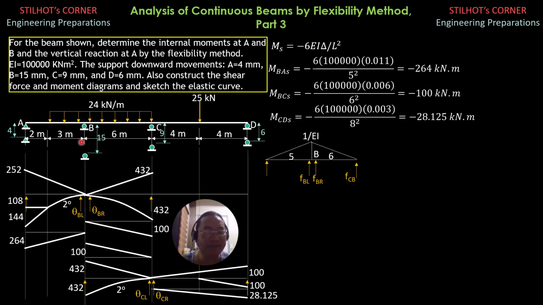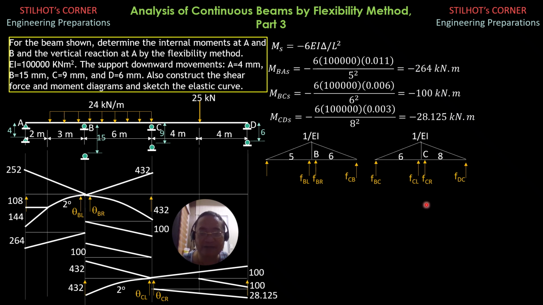Since the moment center is chosen to be B, 1 over 5 times 5 is still 1 over EI. Likewise, for a clockwise moment at B, the reaction at C due to that unit clockwise couple will be 1 over 6, because the span is 6, and 1 over 6 times 6 with the moment center at B is 1 over EI. If we make C the center, then we have a triangular moment diagram by parts, 1 over EI at the center, and this span is 8.